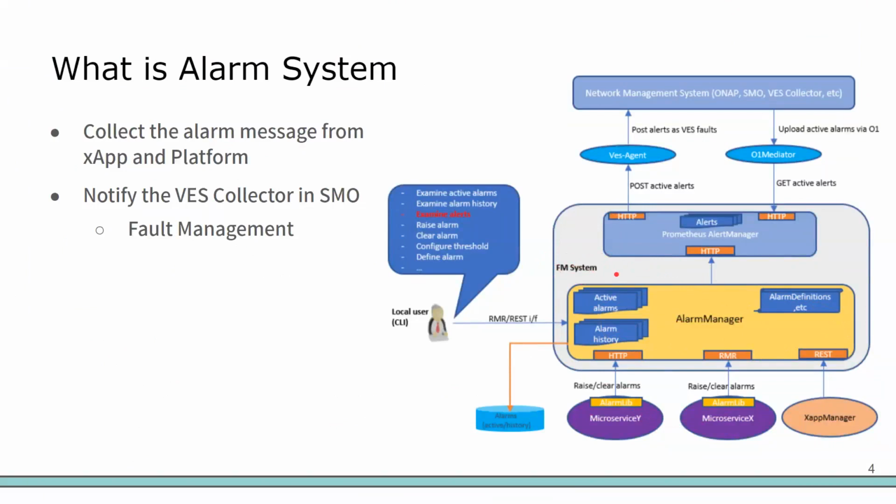So I'm curious whether this is an SF or an RF, whether this module is inside SMO or inside RIC. Is the alarm manager an SF in RIC, or an RF in SMO? RF is SMO.